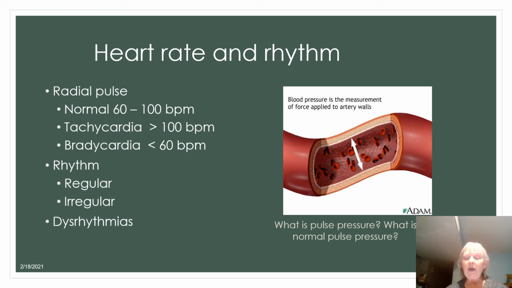Remember that you have pulsus paradoxus. When you are taking blood pressures, when you're feeling pulses, remember during systole, the pressure drops, and it normally drops about 5 millimeters of mercury. Anything greater than 10 drop is pulsus paradoxus, okay? So we want to be aware of that because that tells us there's a problem with this patient.